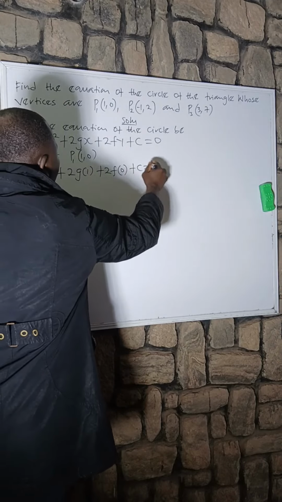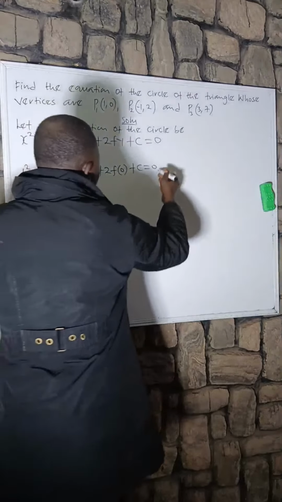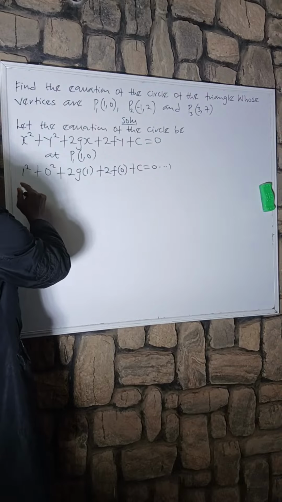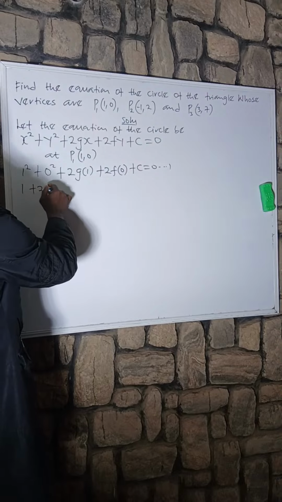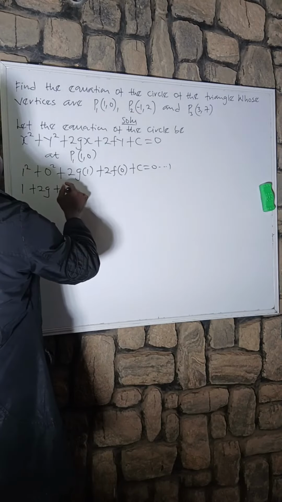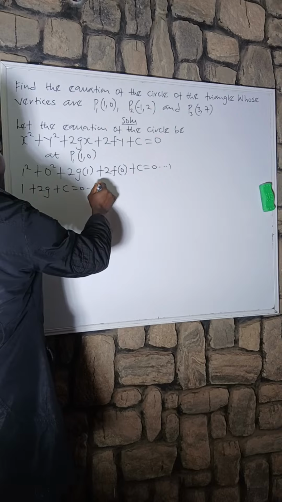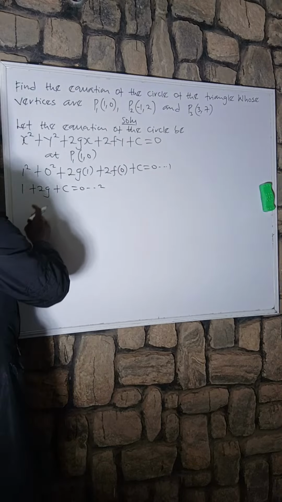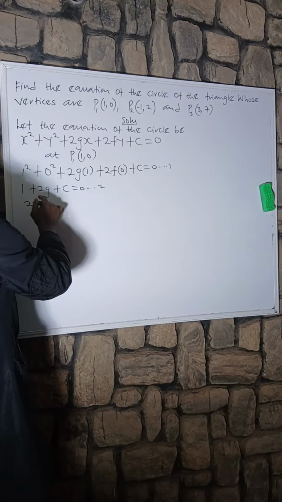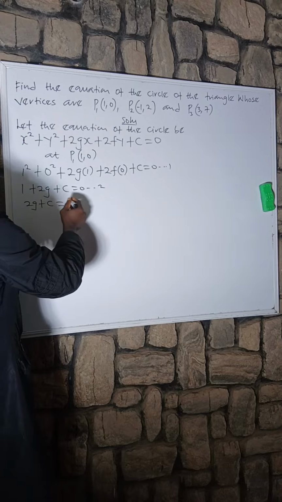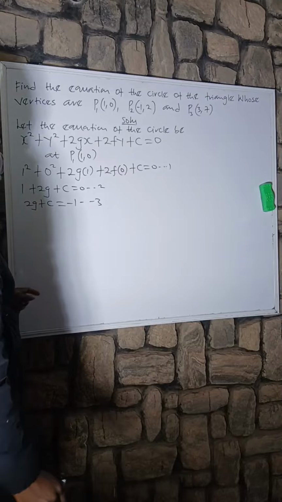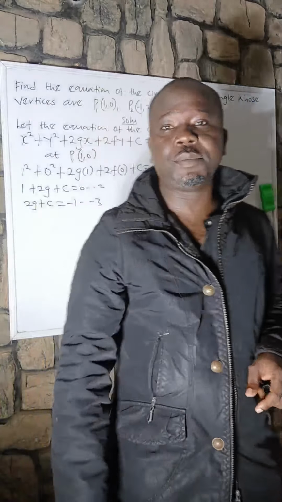Plus c equals to 0. So we can make this equation 1. This will give us 1 plus 2g, because 2g times 1, plus 0 plus c equals to 0. This is equation 2. True or false? By the time we bring 1 to this side, our 2g plus c is equal to minus 1. So this is equation 3. Do you agree with me up to this point?